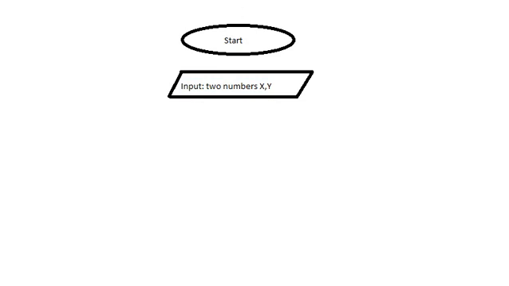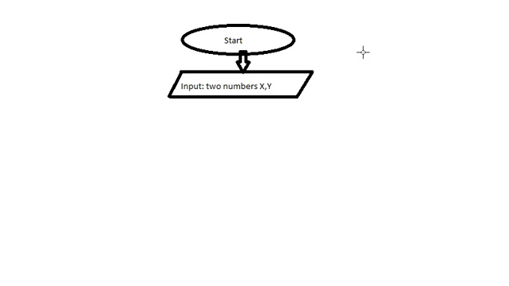So now I'm going to connect these two symbols with a flow line which indicates the flow of control. Okay, now here I am required to draw a flow line, this one.